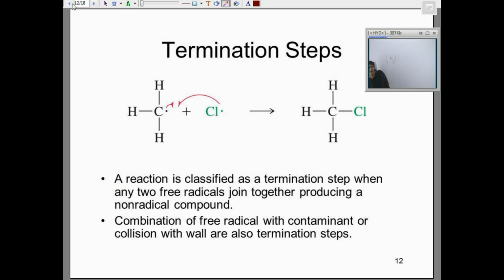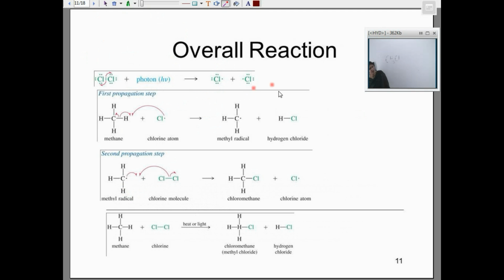Fine? Again, we can see the overall reaction. Chlorine breaks into free radicals. A chlorine free radical collides with methane and forms a methyl radical along with HCl.